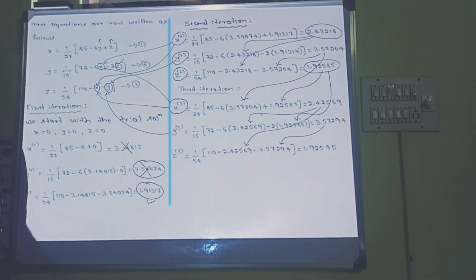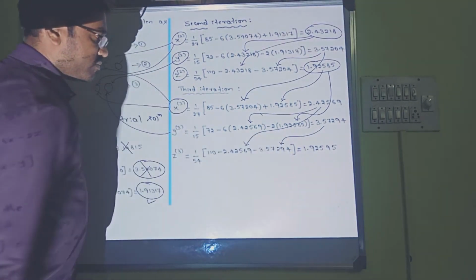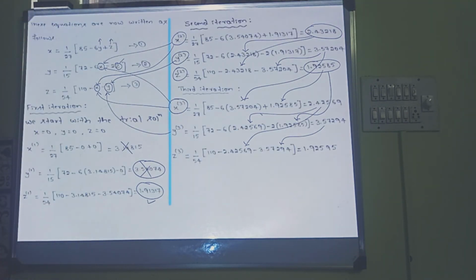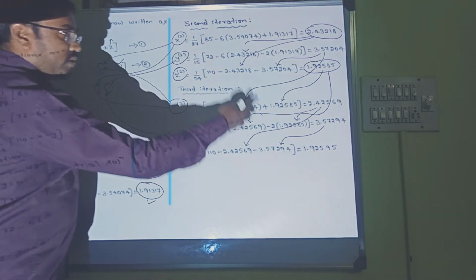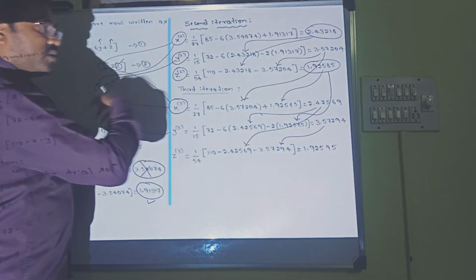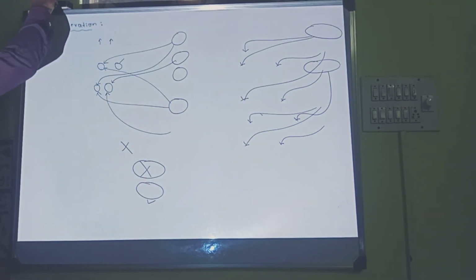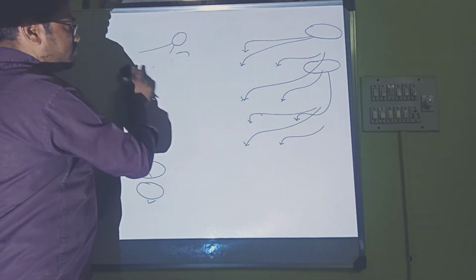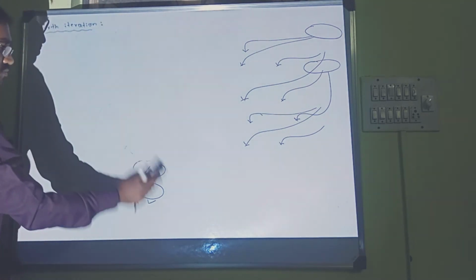Simplify, you will get the value of z in the third iteration. When you go for the fourth iteration, similarly, we will take the new iterated values. In the same way, we can find the new values.